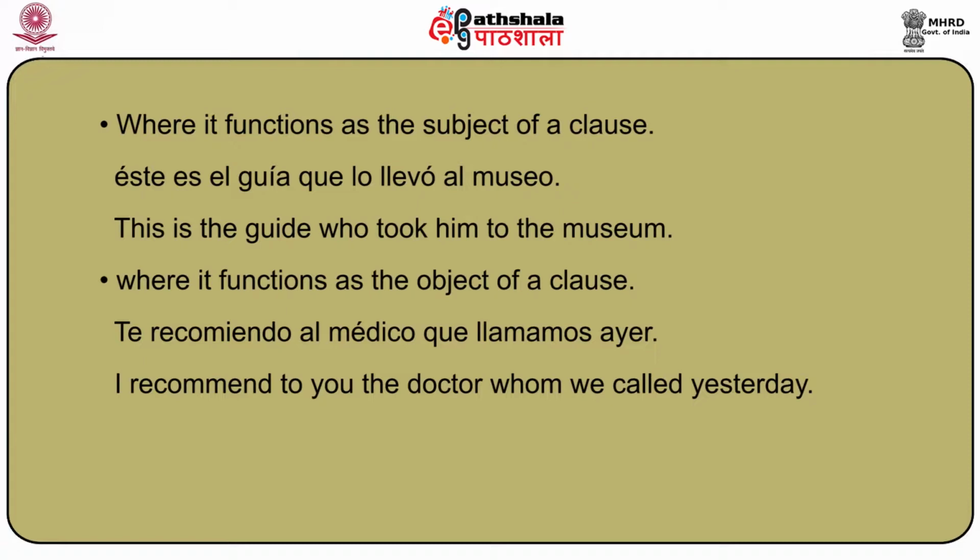Another place where we use que is where it functions as the object of a clause. In the example given, que refers to the indirect object, al médico, of the verb recomiendo in the main clause. Que functions as the direct object of the verb llamamos in the relative dependent clause.